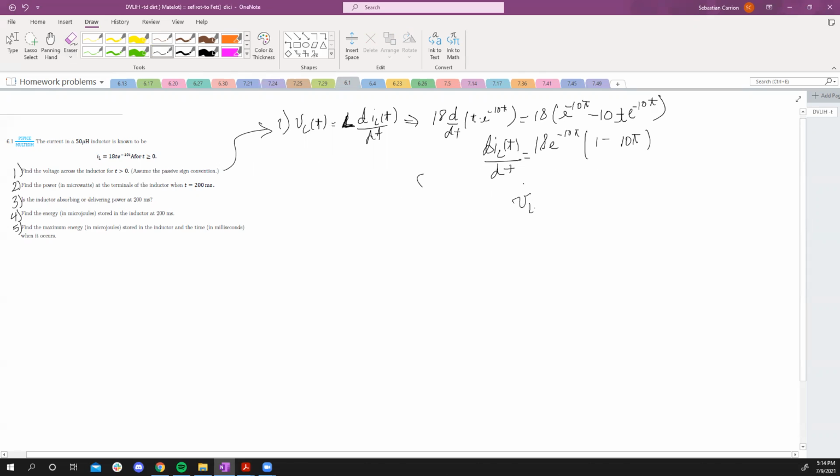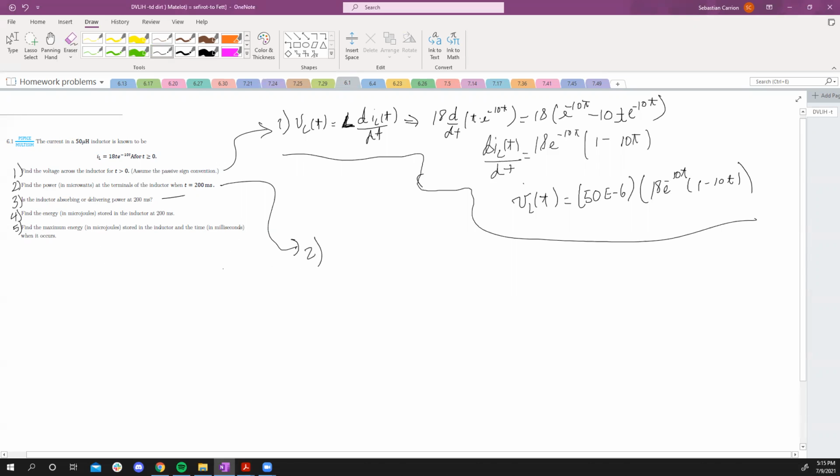Continuing this, v(t) is going to be equal to 50 e to the negative 6 times 18 e to the negative 10t times 1 minus 10t. We can leave it in that form for now. So for question 2, I'm going to separate this.